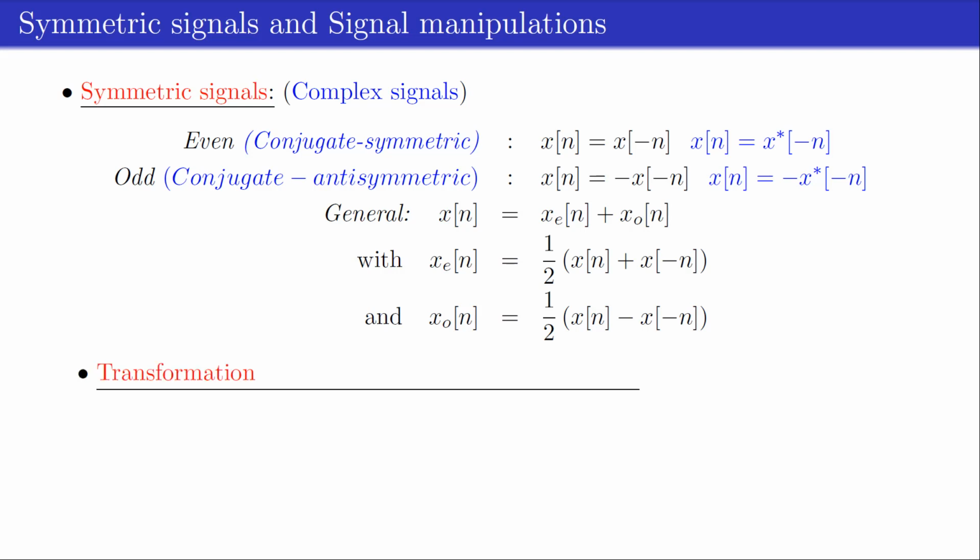Signal manipulations are generally composed of a few basic transformations. These transformations may be classified either as those that are transformations of the independent variable n, or those that are transformations of the amplitude x[n], or the dependent variable.